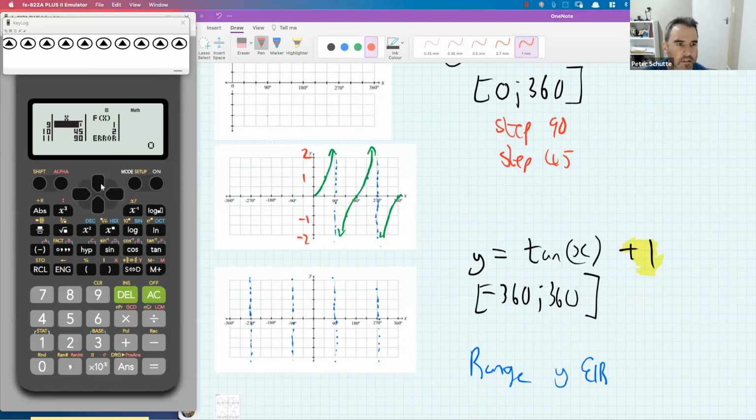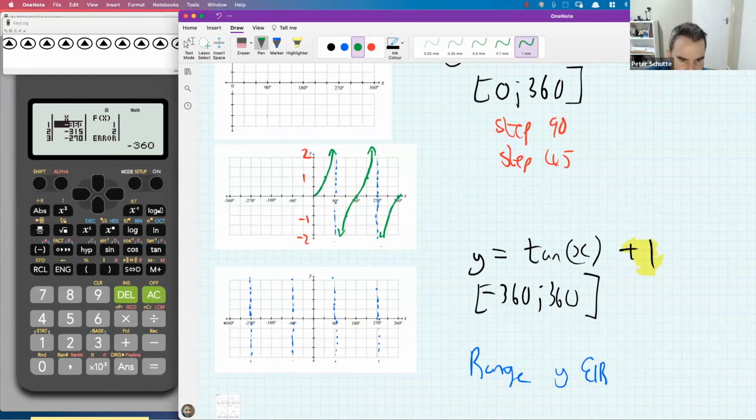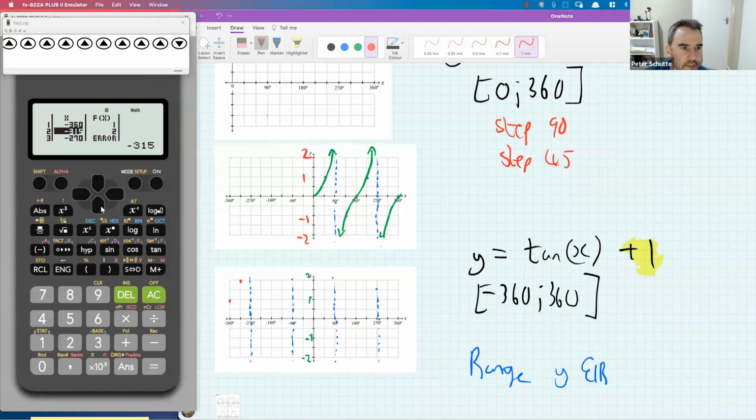Let's see if we can go back to filling in the other points here. So we have minus 360 and 1. So let me put these scales. Minus 360 would be that dot there. Minus 315, 2 would be here. Then I've got the error.